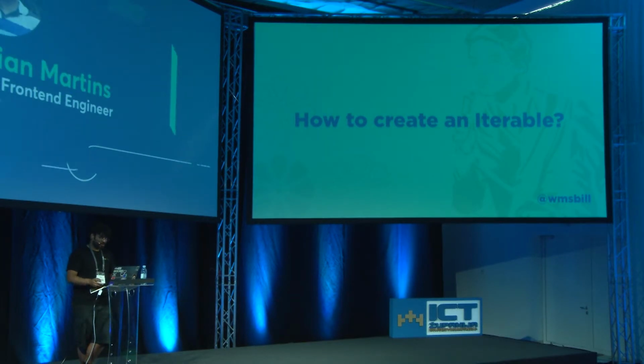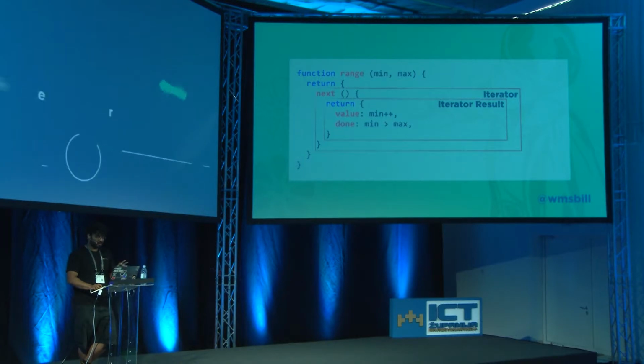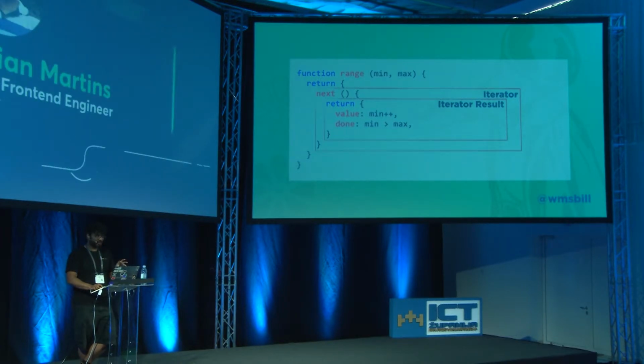So that's a question: how do we create a custom iterable? Let's create a function with an iterator, not iterable. Here I create a simple implementation of the iterator protocol. It's a range function that does the following.